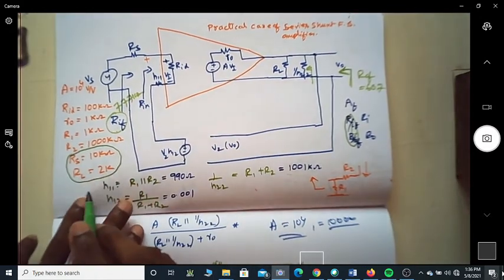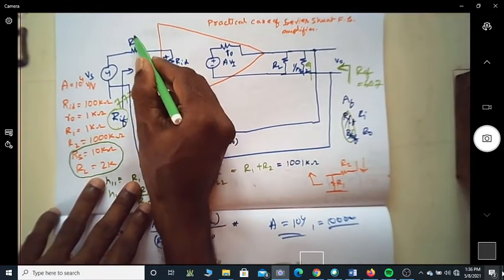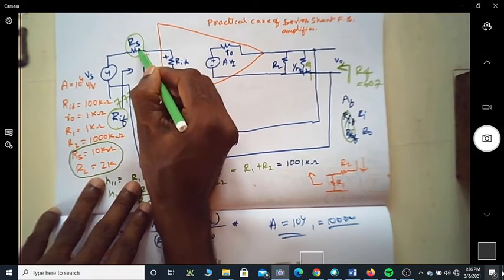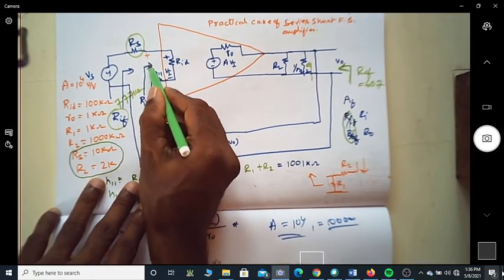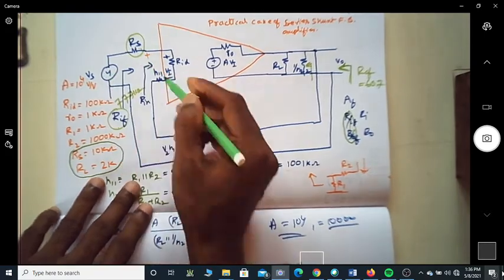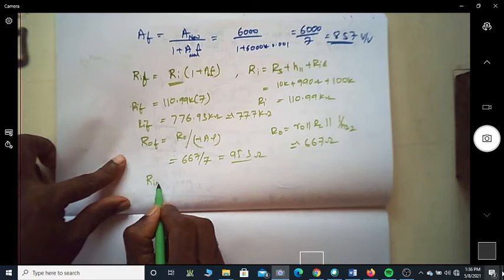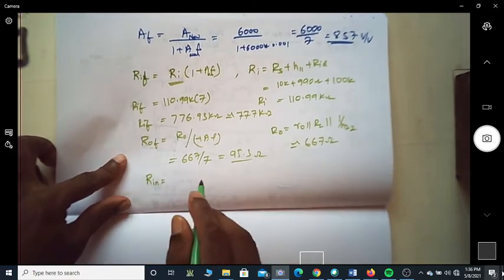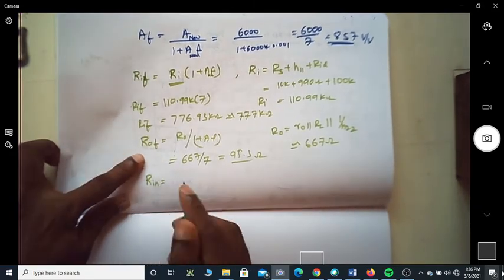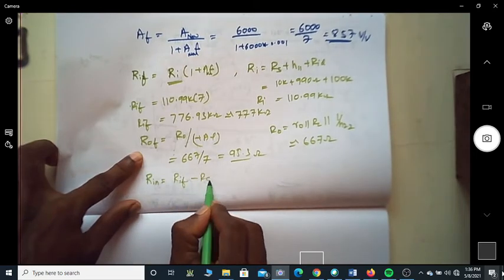Suppose you are looking for the input impedance: you are not supposed to include the value of RS, because RS corresponds to Vs, that is the source. If you are looking at the input impedance of the amplifier after feedback, it is equal to RIF minus RS.